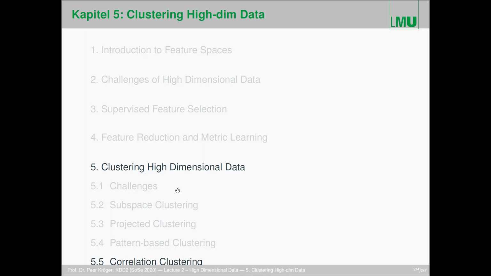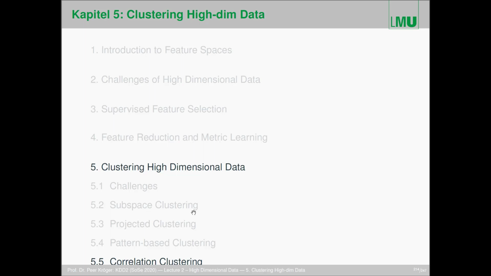So we have to integrate that and simultaneously search for subspaces where the clusters live, and also for the clusters with the corresponding subspaces. Yeah, and we came up with a classification, as I said before, where one of the major classes of algorithms deals with axis-parallel subspaces only, and those are the subspace clustering and the projected clustering approaches.